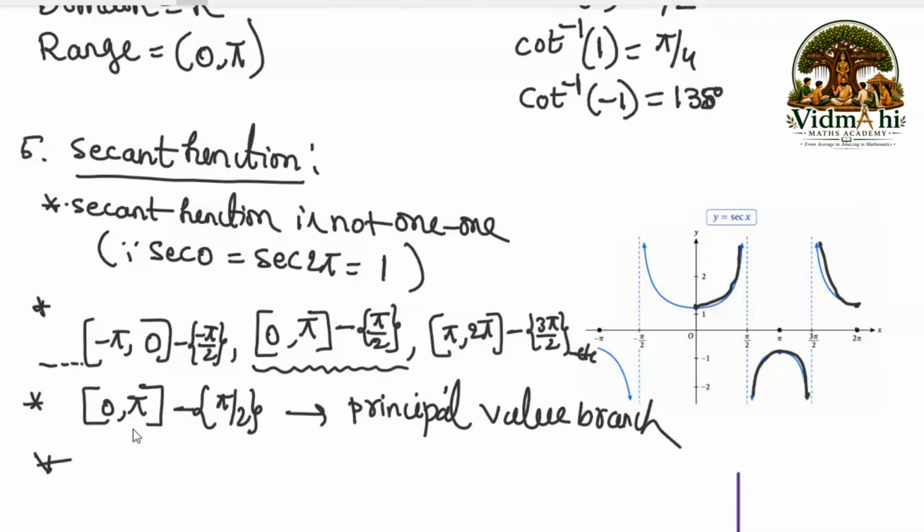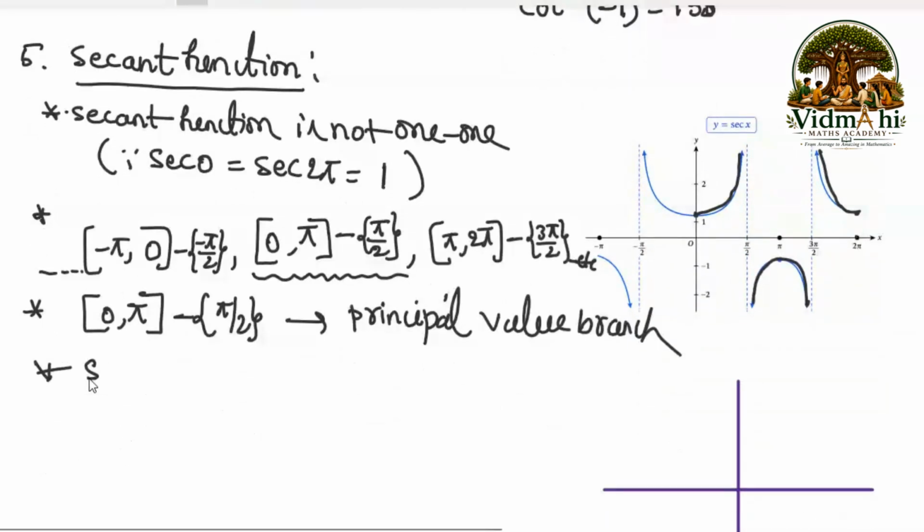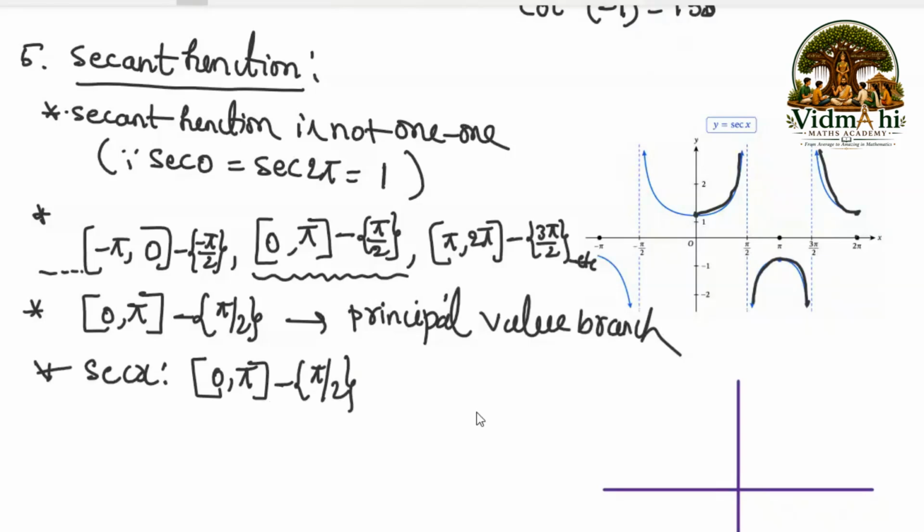Now secant x function becomes secant x, domain is closed interval 0 comma pi except pi by 2, and the range of the function is R minus (minus 1 comma 1). So here the secant function is bijective, but bijective means both one-one and onto.